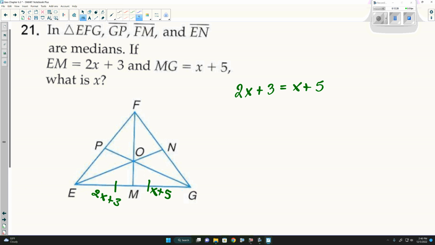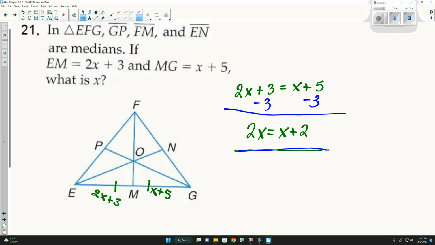We can minus 3 from both sides first. So 2x is equal to... well, I don't think so.